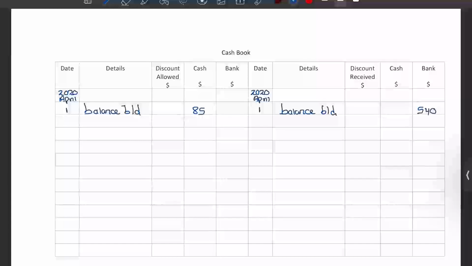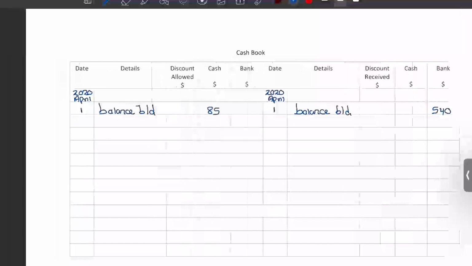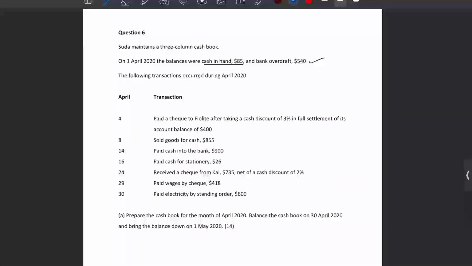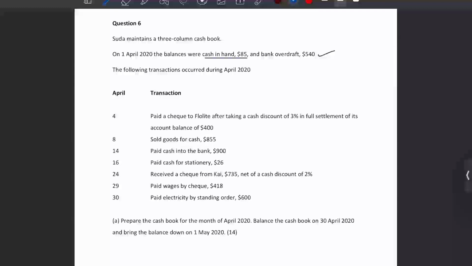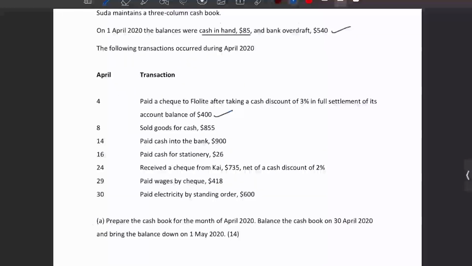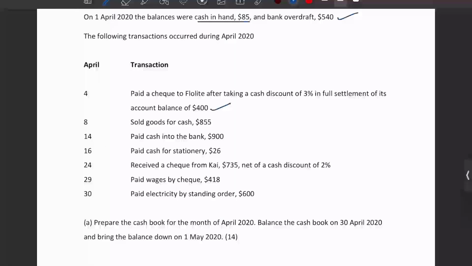Okay. Now let's take one transaction at a time. First, you are going to enter. Read this. I'll tell you the difference. Is 400 the amount that you paid, or is 400 the amount that you have to pay this person?